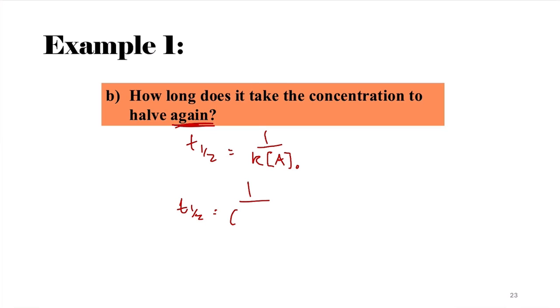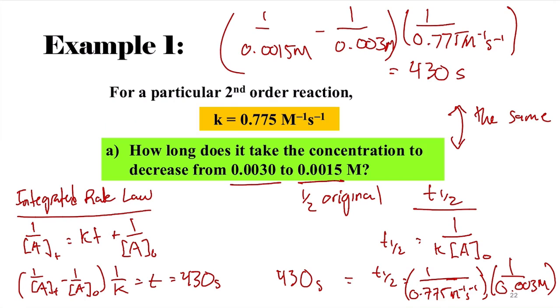T1/2 equals 1 over 0.774 inverse molarity, inverse seconds, times... And what do we put for the initial concentration this time? 0.0015. Yep, 0.0015, because that was our final concentration for the first part of the question. For it to halve again, that means we're starting from this concentration.